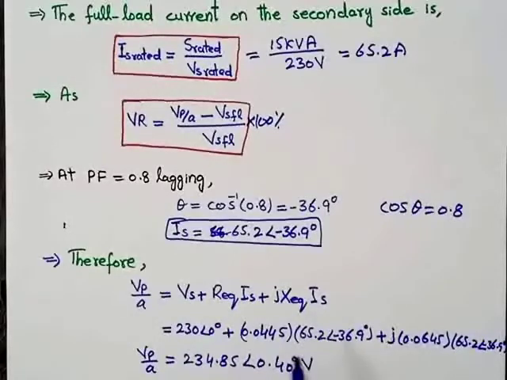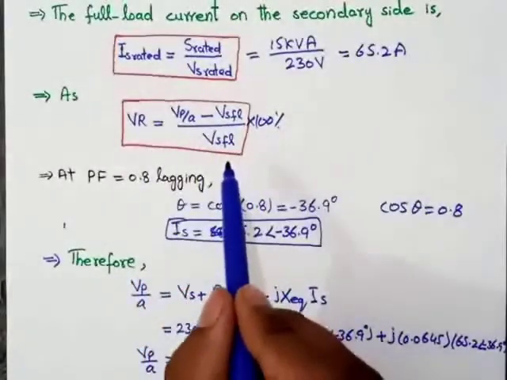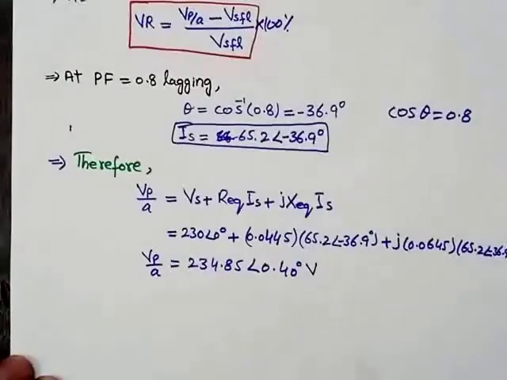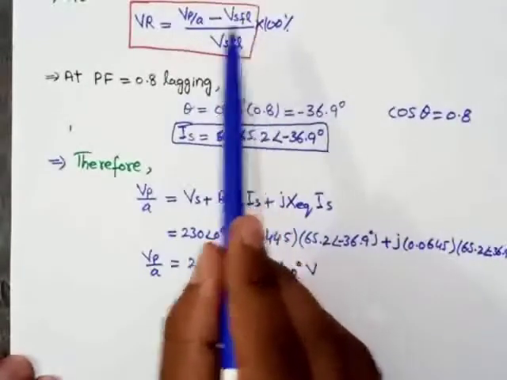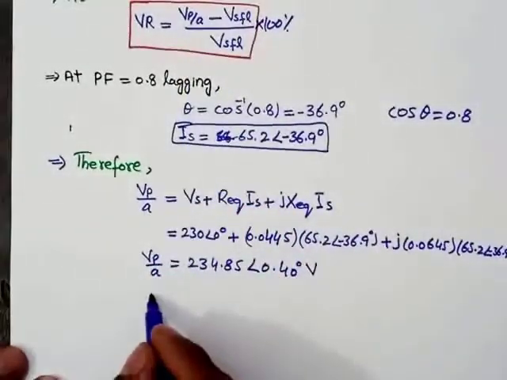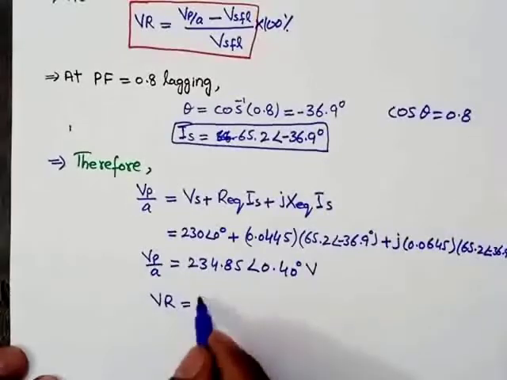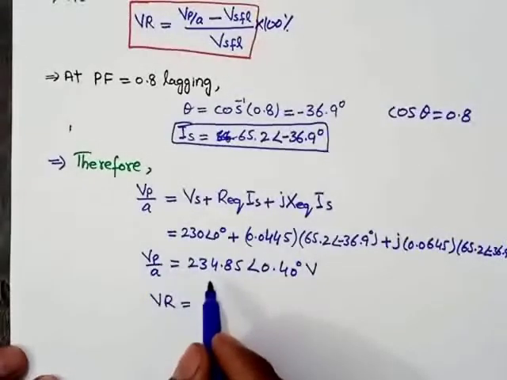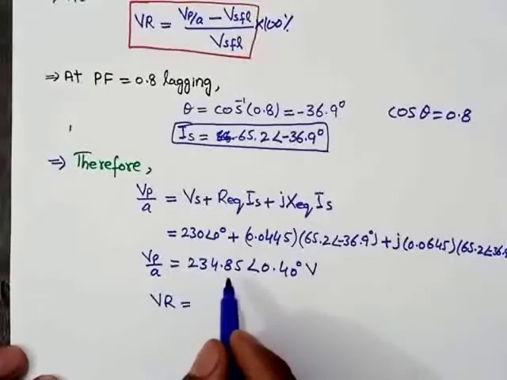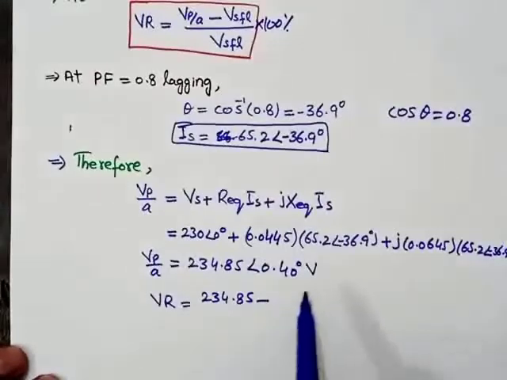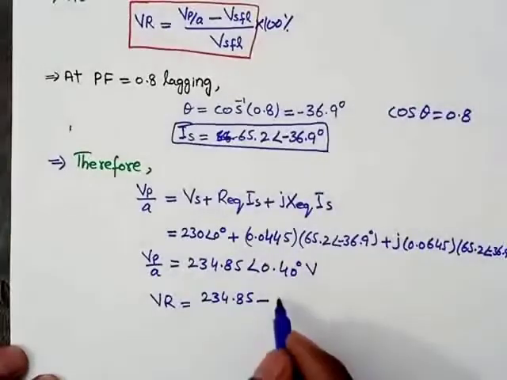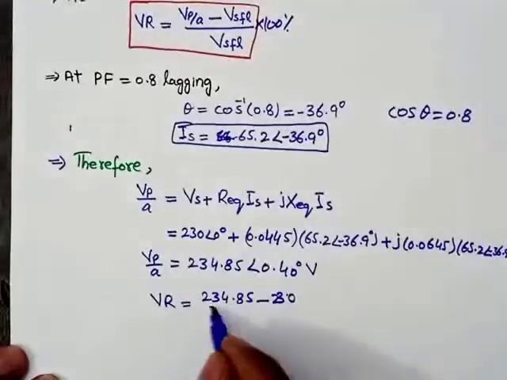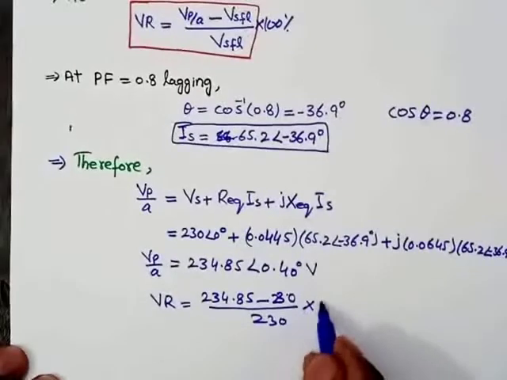So overall voltage regulation will be, putting the value of Vp over A and Vs full load equal to 230 volt in this equation, we get voltage regulation is equal to 234.85 minus the secondary voltage at full load, which is given here 230 volt, divided by 230 multiplied by 100.